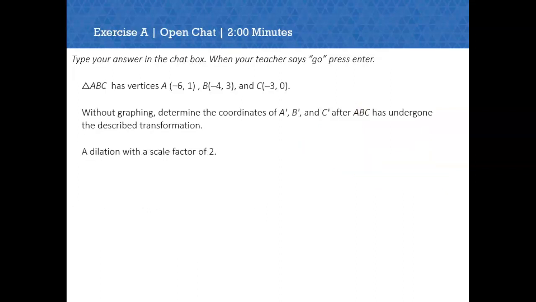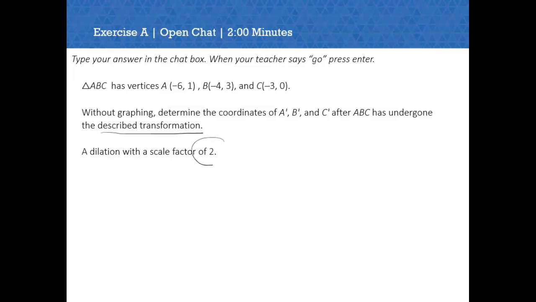Triangle ABC has vertices A (-6, 1), B (-4, 3), and C (-3, 0). Without graphing, determine the coordinates of the new image, A prime, B prime, C prime, after ABC has undergone the described transformation. It says a dilation with a scale factor of 2.